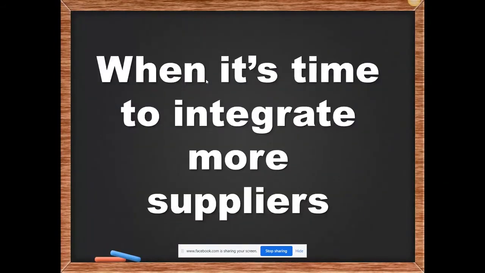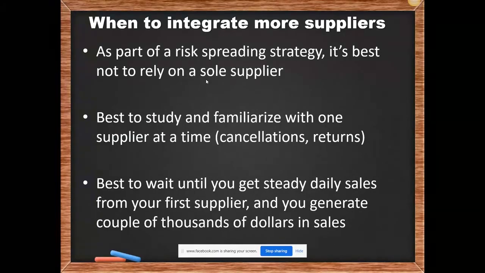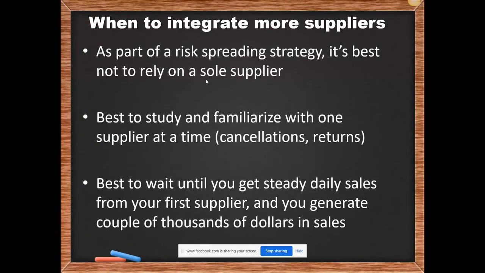So this really brings us to the next topic, which is when it's time to integrate more suppliers. As part of the risk spreading strategy, like, for example, keeping multiple accounts is also part of spreading risks, so it's best not to rely on a sole supplier.